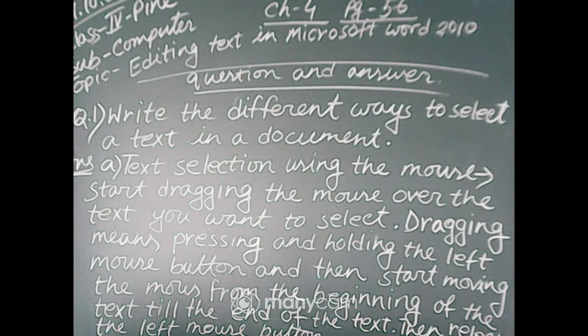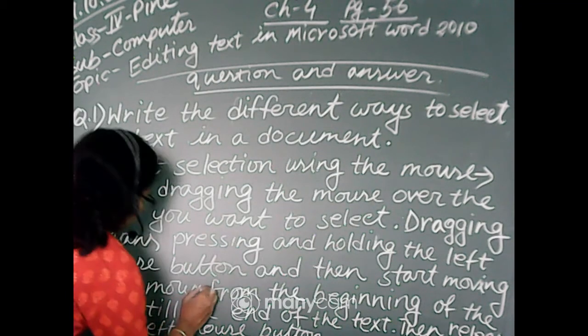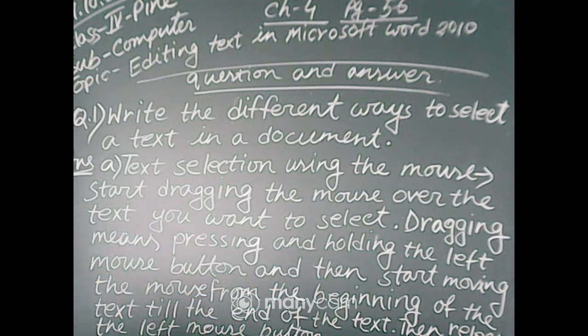Now I am just telling the answer. Text selection using the mouse. Start dragging the mouse over the text you want to select. How to drag? Dragging means pressing and holding the left mouse button and then start moving the mouse from the beginning of the text till the end of the text.